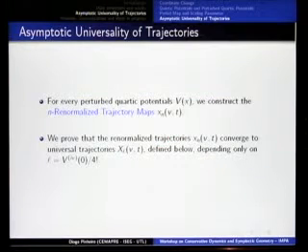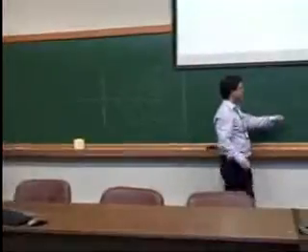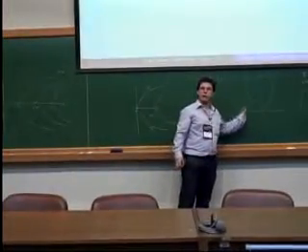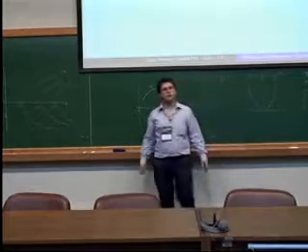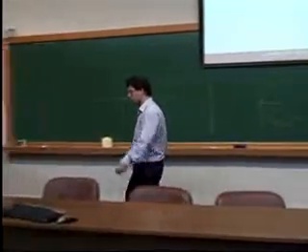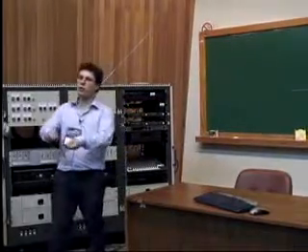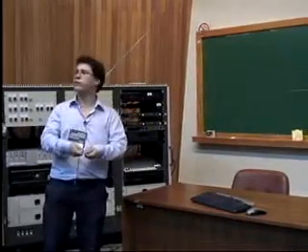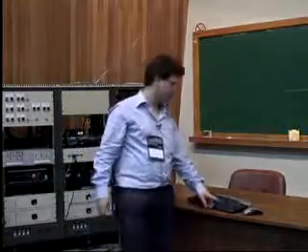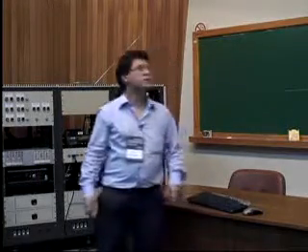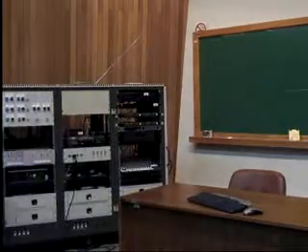And okay, so now I've shown you the tools we need to prove. So what remains to be done is to define the energy-normalized maps, energy-normalized trajectories for these two perturbed quartic potentials, or normalized potentials, and then use all these tools to prove the convergence to the asymptotic trajectory and asymptotic velocities.